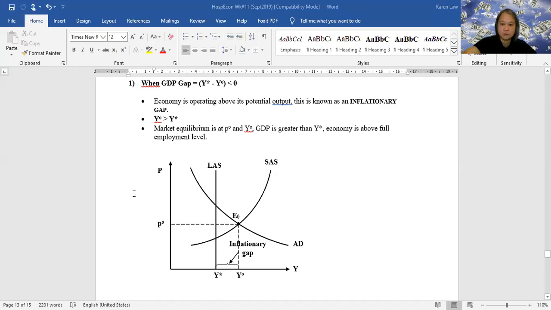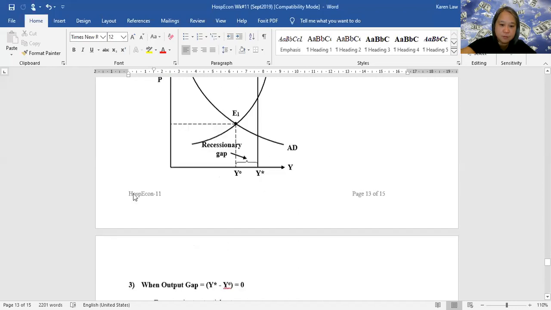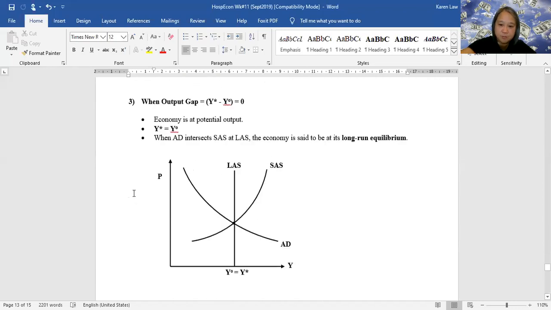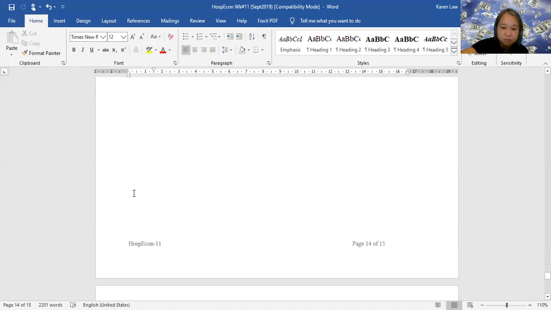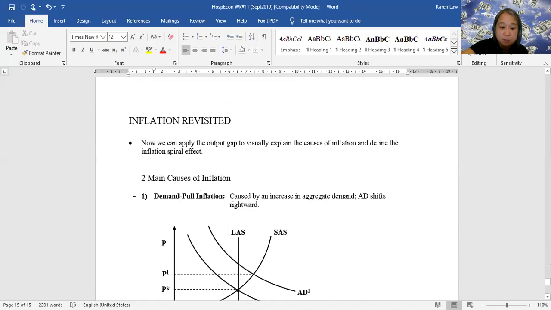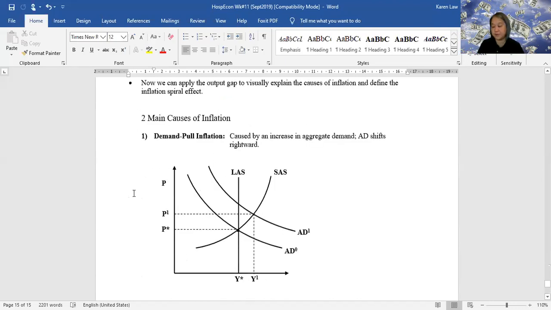All right, so I have gone through this stuff, so I hope that it makes sense. What I'm going to do now is finish off with inflation, because now we're able to graph the causes of inflation. I just want to go through the exercise of graphing this out for you.